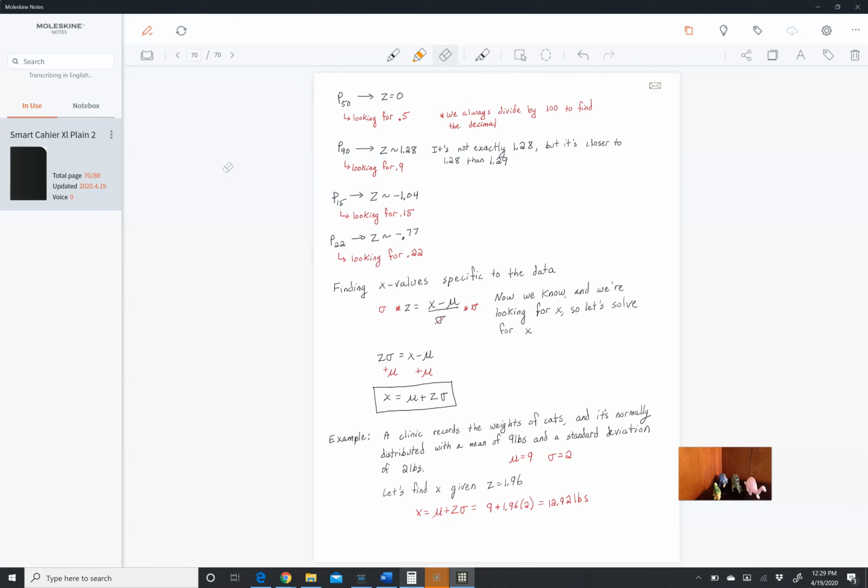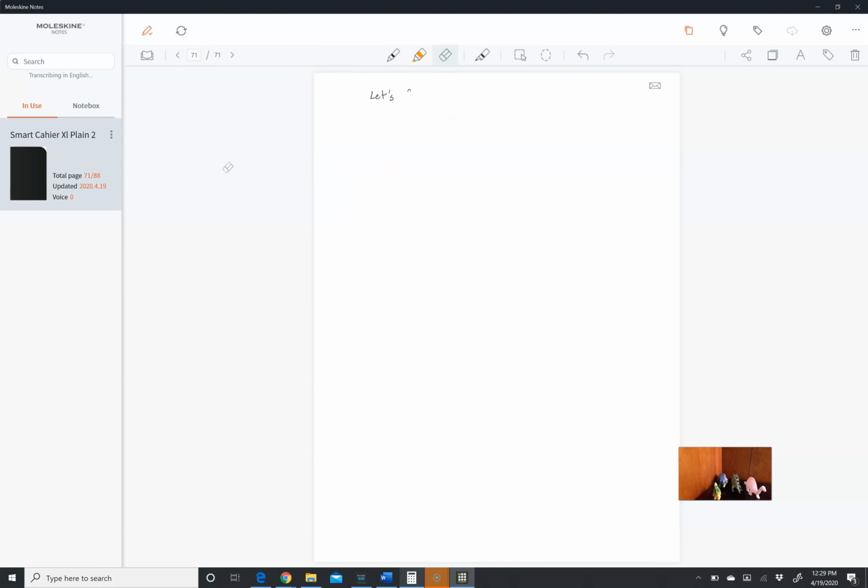So same data. Here our z is equal to negative 0.44. Again, same data, mu is equal to 9, and sigma, or standard deviation, is 2. So again, just a plug and chug. You're just plugging in. x is equal to mu plus z times standard deviation. That's sigma.